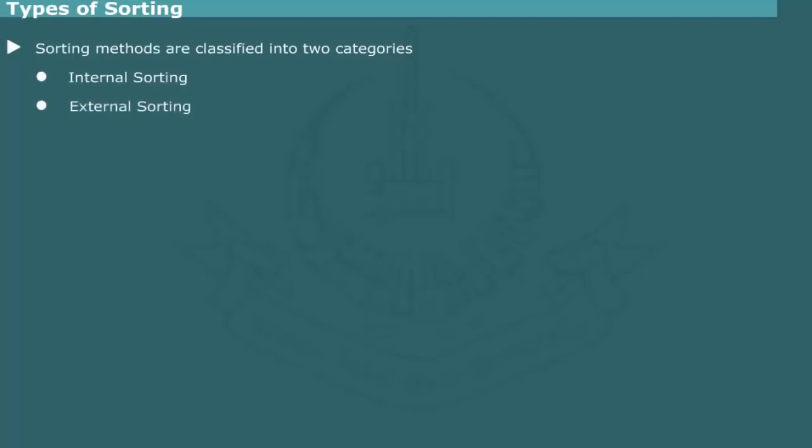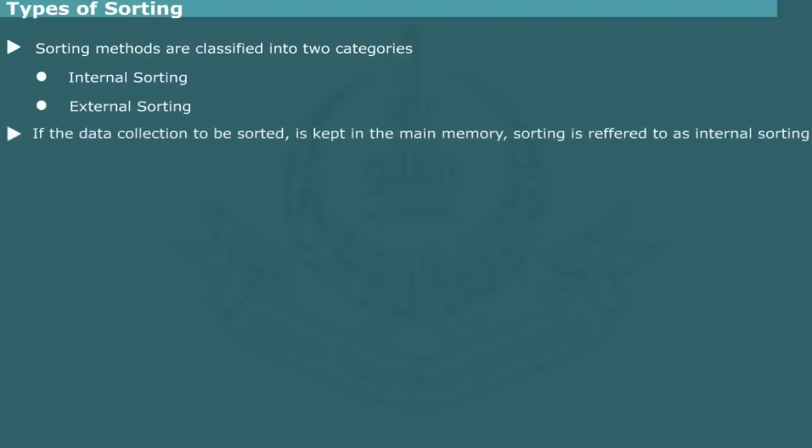Types of sorting. The sorting algorithms are classified into two categories: internal sorting and external sorting. When sorting is done on a data collection which is kept entirely in the main memory, it is referred to as internal sorting.